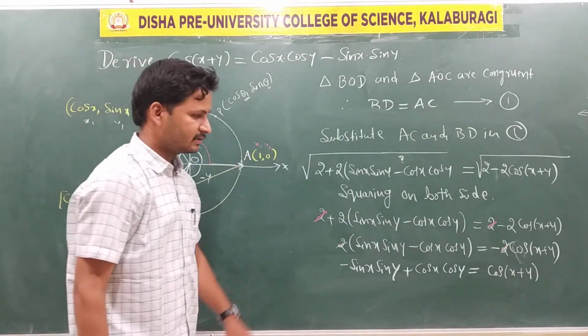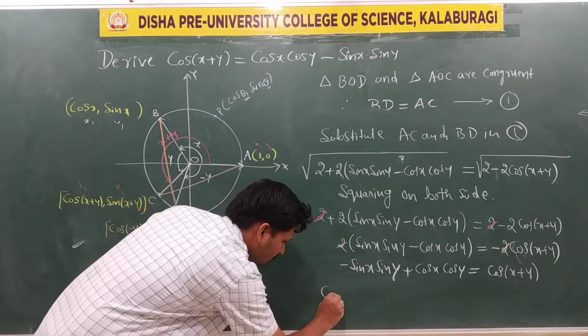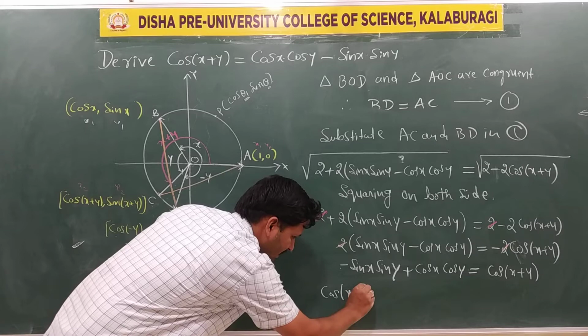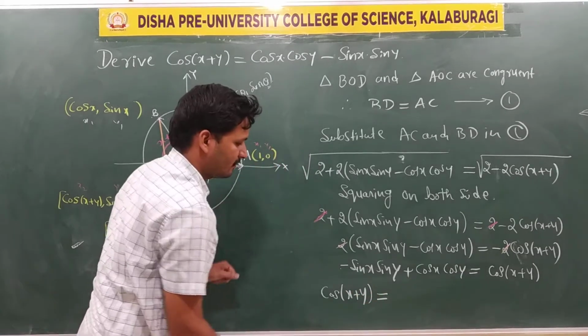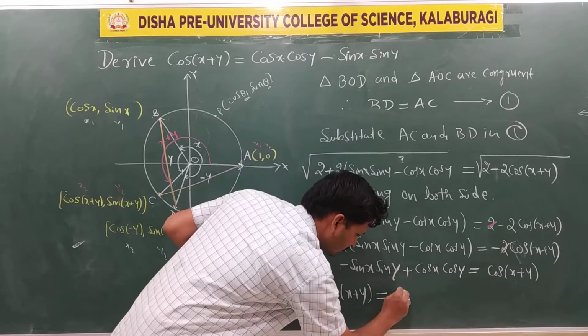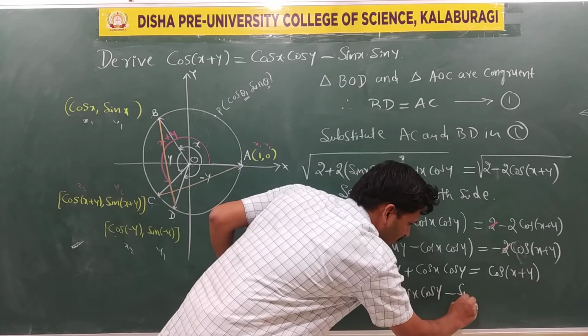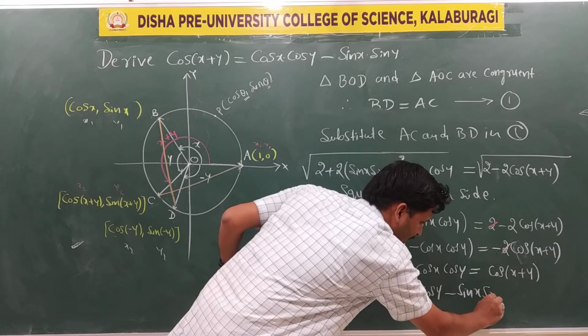So just rearrange the terms. I will write the cos of x plus y on the left side. So that is cos of x plus y equals minus sin x sin y plus cos x into cos y. So I will write cos x into cos y minus sin x into sin y.